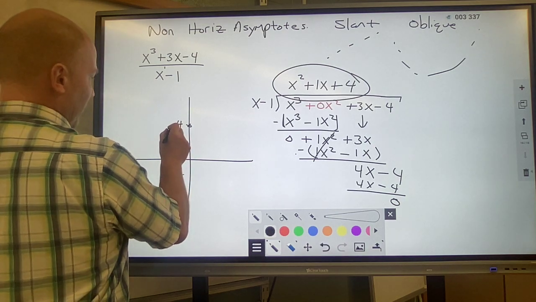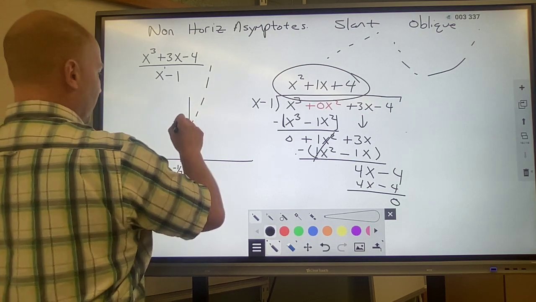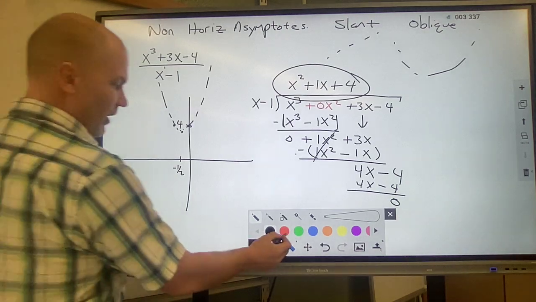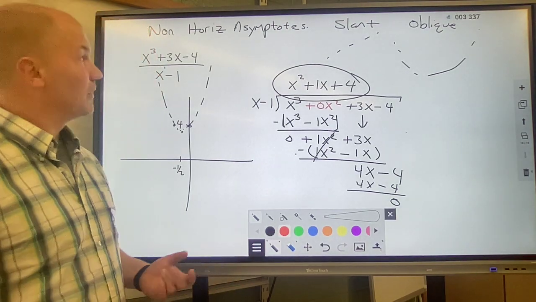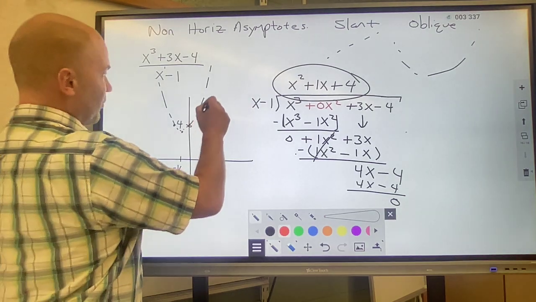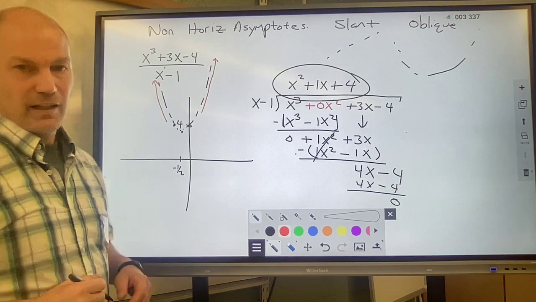It's also positive, so it opens upward. So whatever our function looks like overall, as x approaches infinity, it needs to be approaching that curve.